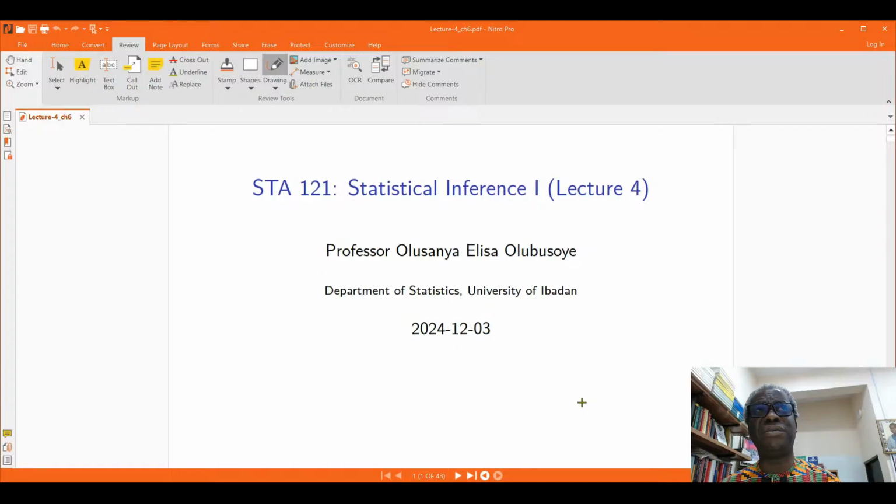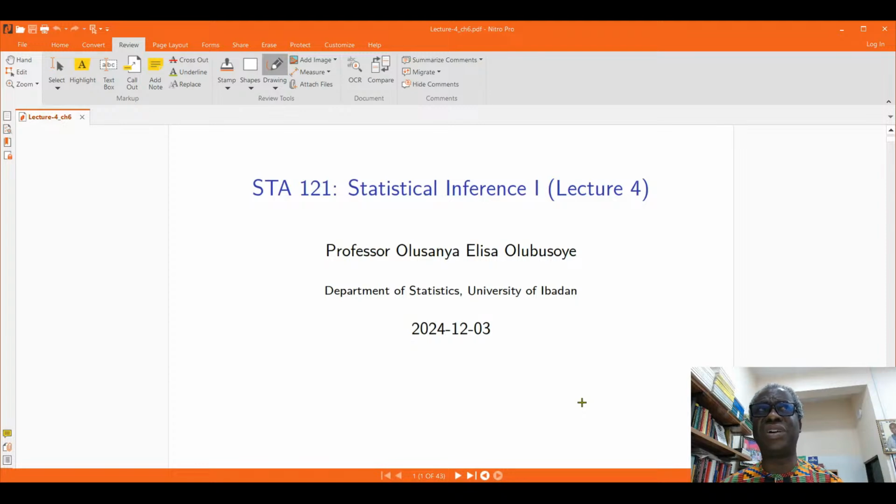So we've looked at the sampling distribution of the sample mean, the sampling distribution of the difference between two sample means.